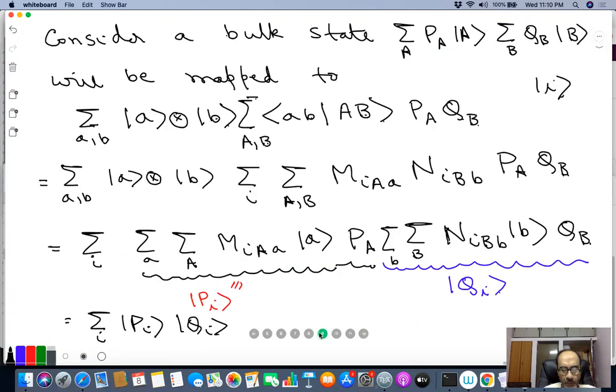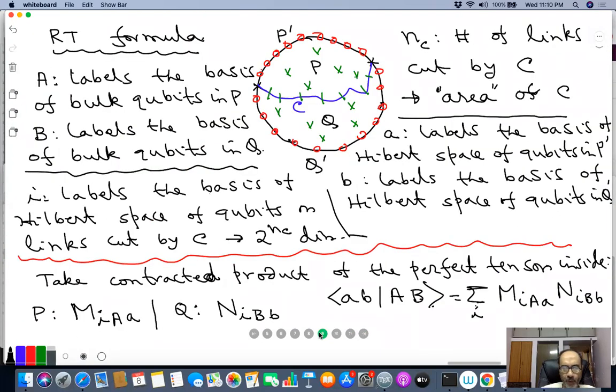Now let me remind you what the Ryu-Takayanagi formula is supposed to be for. The RT formula is supposed to be measuring the entanglement entropy of a certain region on the boundary, which means that you would have to define a density matrix by tracing out the rest of the region.